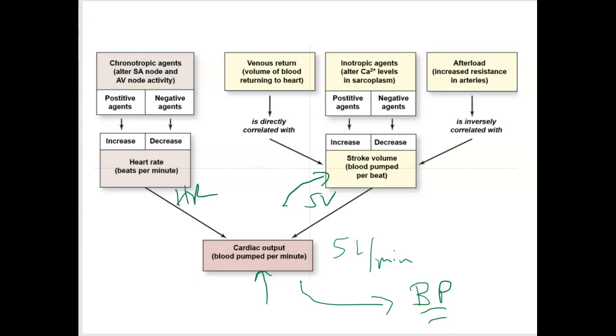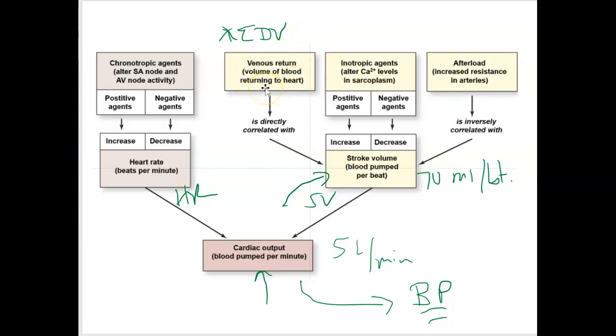Last lecture, we talked about stroke volume. We mentioned the amount of blood pumped per beat. You might remember that that was 70 mLs per beat, and that can change. We mentioned the factors that affect stroke volume, and the number one factor that's not exactly on this slide is EDV. And remember, EDV was preload, and preload was dependent on venous return.